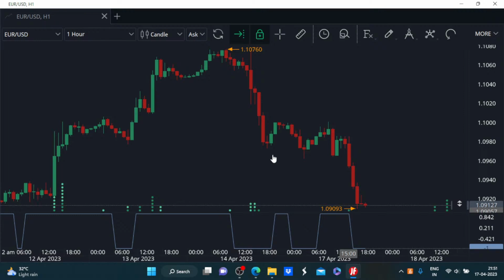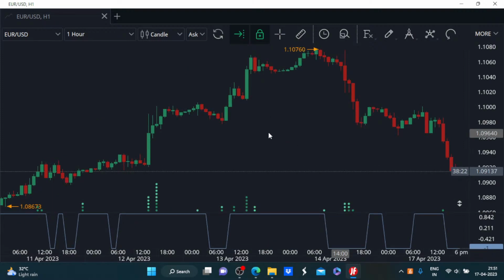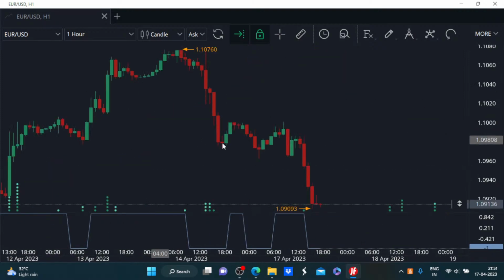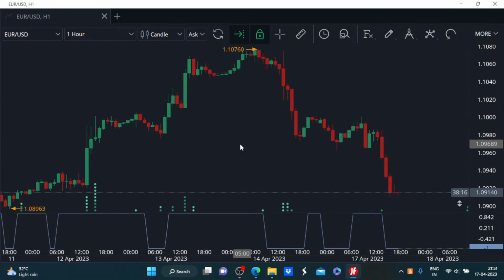But also because of these prior moves here, in which there was no significant momentum, you would have ended up losing money also. So that is why, as I said, many times it is better to combine the Gann swing oscillator and Gann trend oscillator and then trade in the direction of convergence.